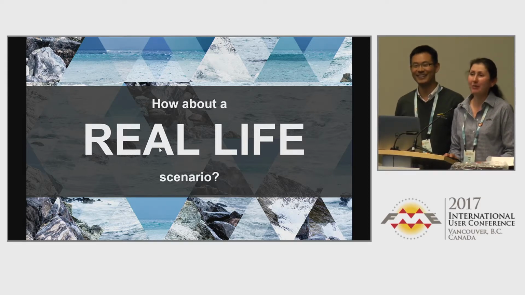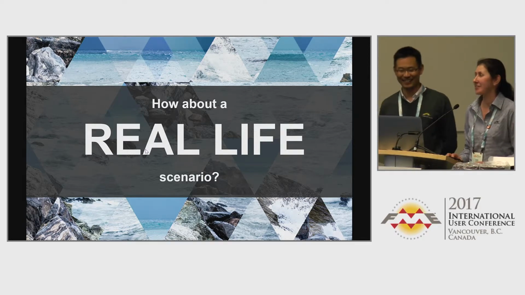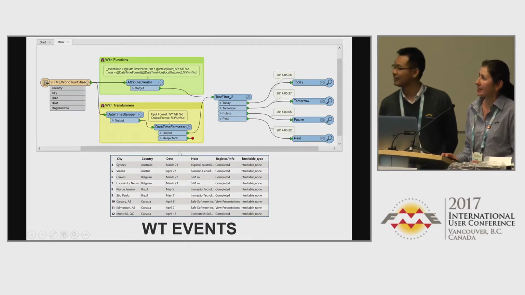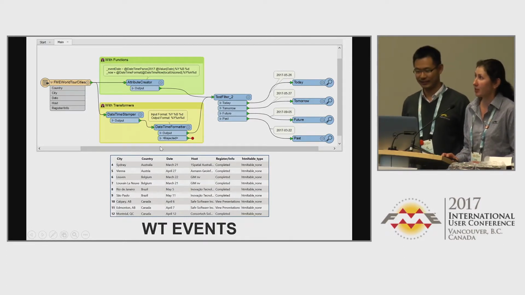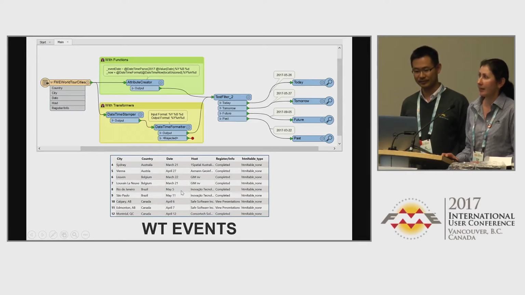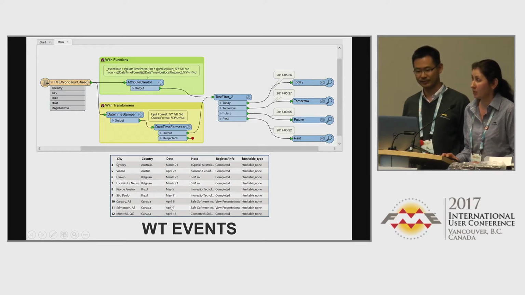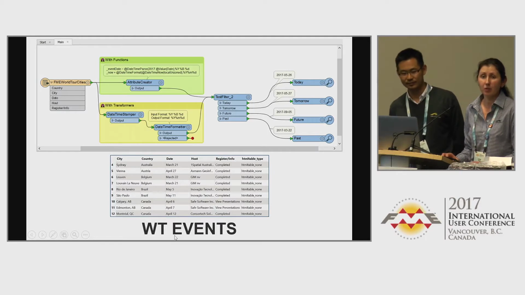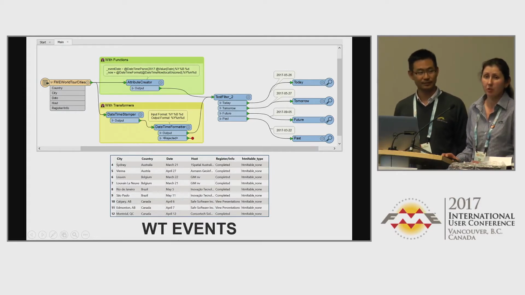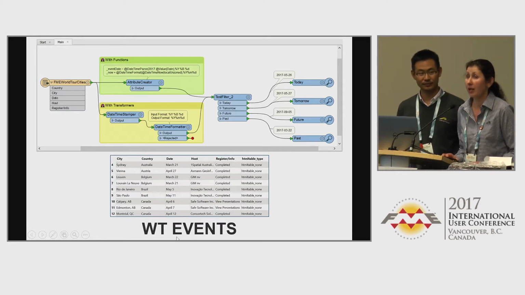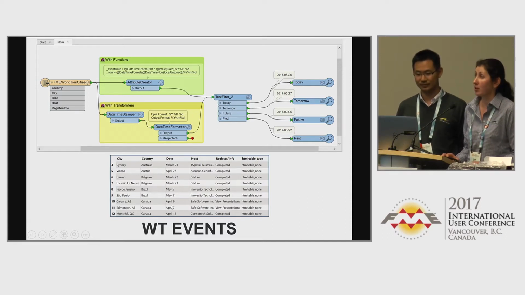Thank you. So how about a couple of scenarios? This is the real workspace that we were running, and these are world tour events. The task was we had some dates for the events, and we would like to find out which ones are in the past, which ones are in the future, and the most important, which ones are today and tomorrow. So there are some challenges.